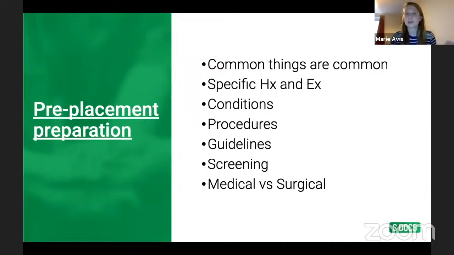The next thing to mention is about specific histories and examinations. If I give you the example of my first placement, which was colorectal surgery. On Geeky Medics, if you go on there, they have specific gastrointestinal histories and abdo examinations.